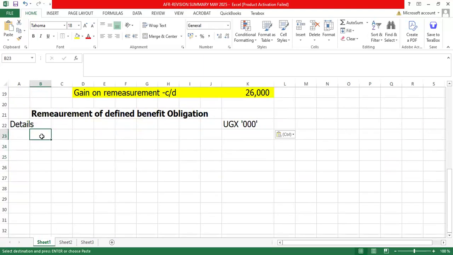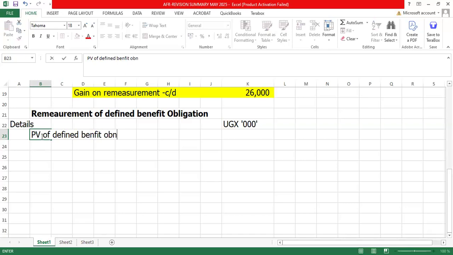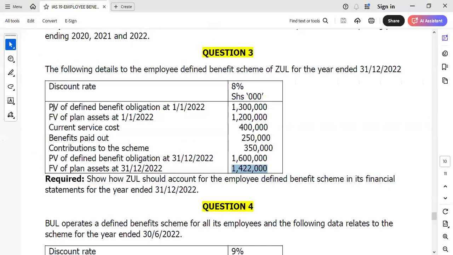So you're going to say that present value of defined benefit obligation at the start brought down is how much from our question? Is 1.3, isn't it? We are given the present value of defined benefit obligation at the start, that is 1.3.